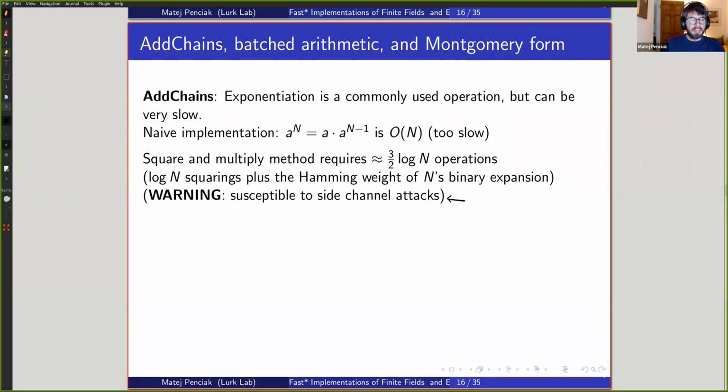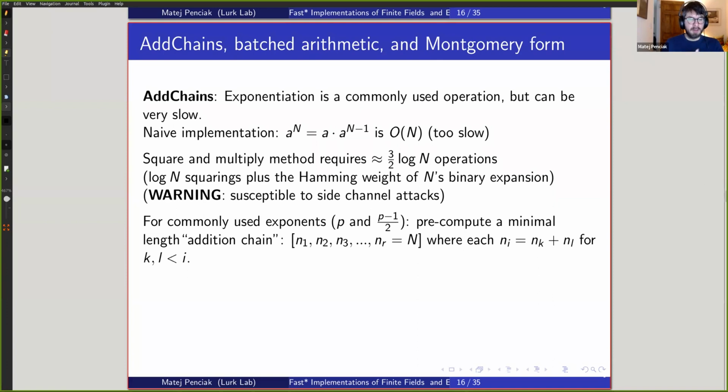So the idea though is that when you're going to be taking exponentiations of things that you know you're going to be doing very commonly, like p or p minus 1 over 2, for the Frobenius or for calculating Legendre symbols, then we compute these so-called minimal addition chains, which are just lists of numbers n1 up to nr, where the last number is the n that we're interested in, so that ni is a sum of nk and nl, where k and l are less than i.